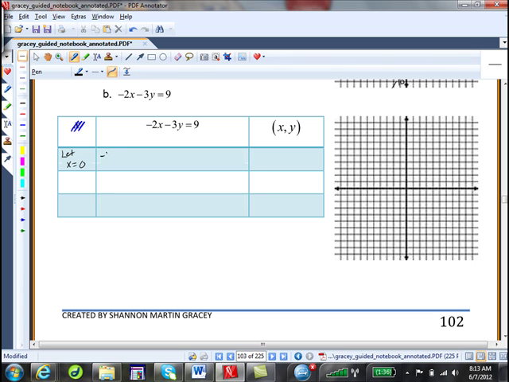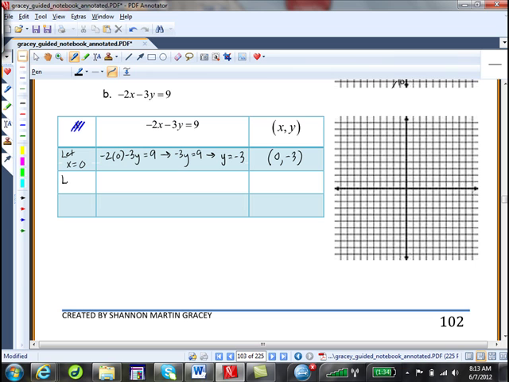So then we'll have negative 2 times 0 minus 3y equals 9. So that would zero out. That would give us negative 3y equals 9 with an end result of y equals negative 3. So we get our ordered pair of 0, negative 3.